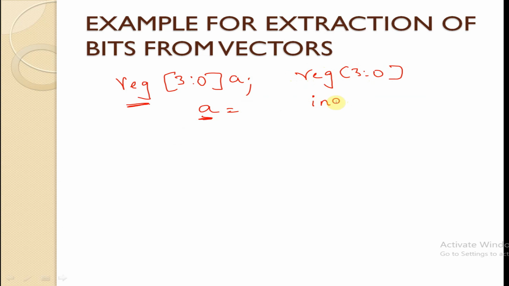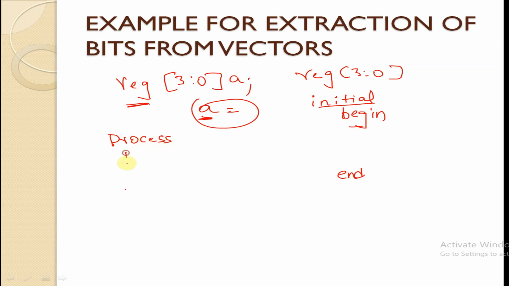We should use an initial begin block. I will discuss this in upcoming videos. So we cannot simply store anything directly into a reg. We should use either an initial begin or an always block.